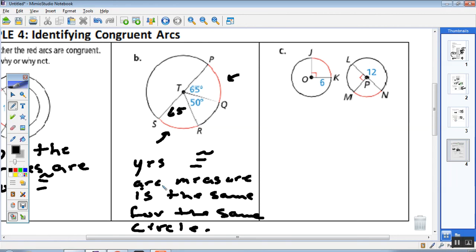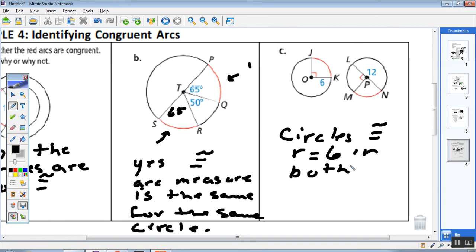Yes. So if the circles are congruent, the arcs will be congruent if and only if the angles are the same. So I'm going to say right here, well, we know the circles are congruent because the radius is 6 in both. How about this angle for JK? What's the central angle for JK?